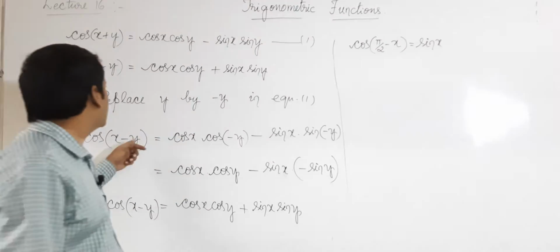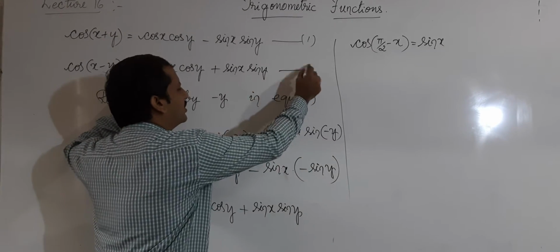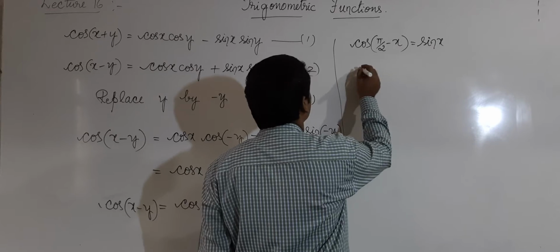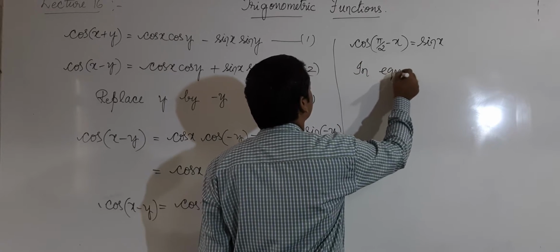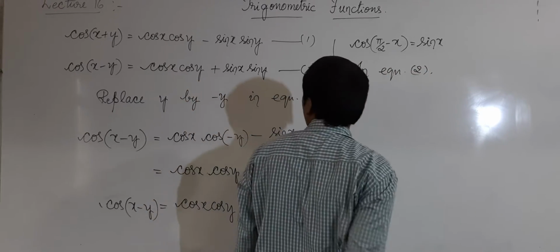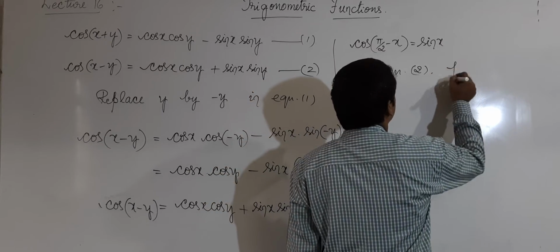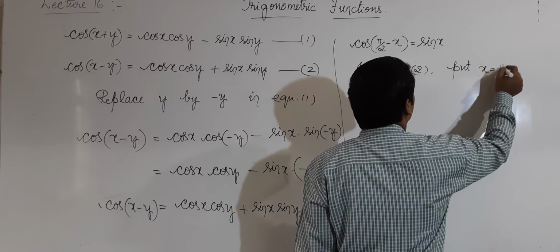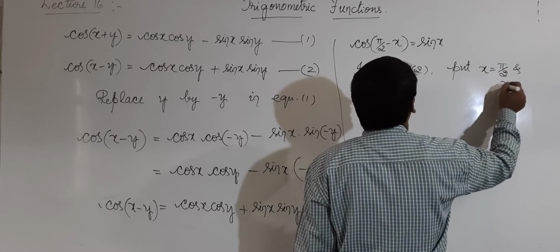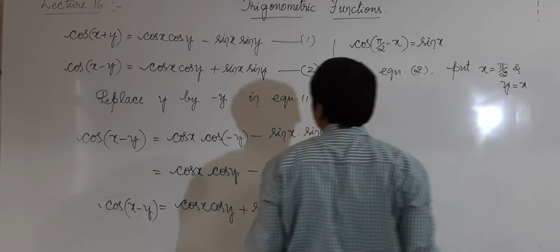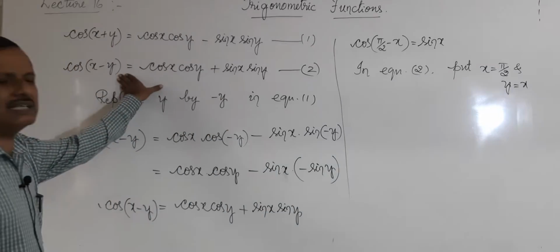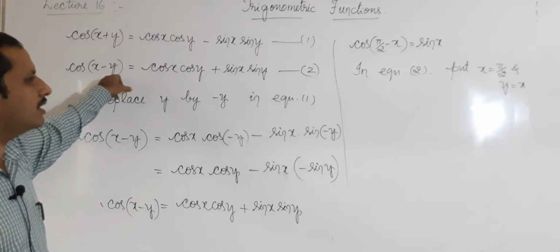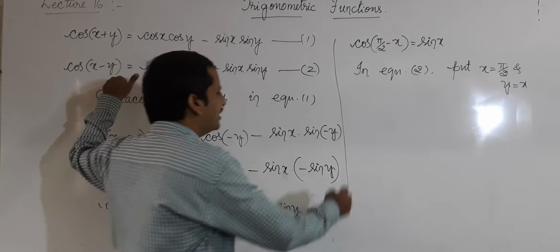So, in this equation, let me call this as equation 2. In equation 2, put x equal to pi by 2 and y equal to x. In place of x I will write pi by 2 and in place of y I will substitute x. Then what do you get?